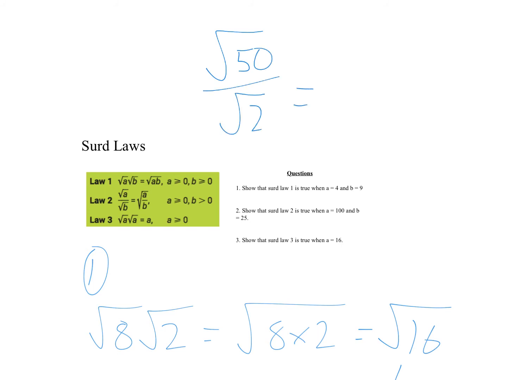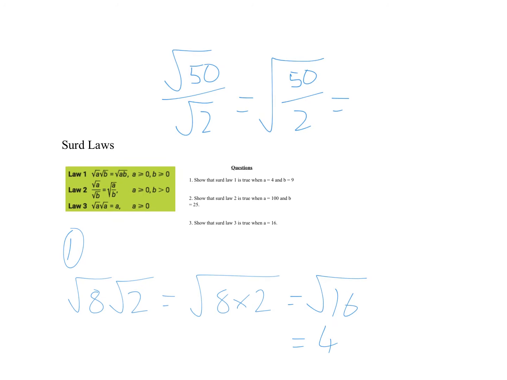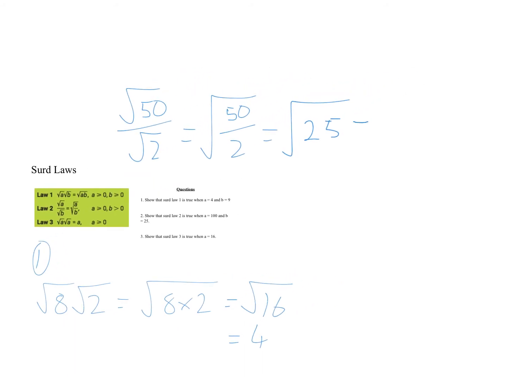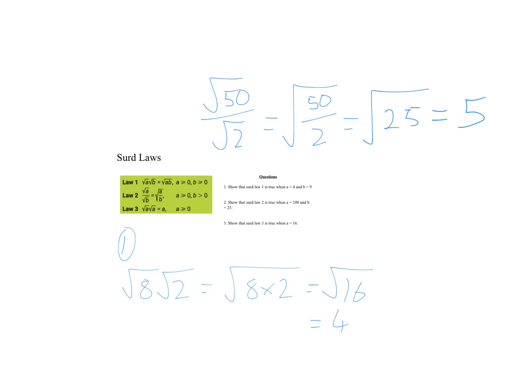If we're asked to simplify that, well, we could try using surd law 2. So we could put in square root of 50 over 2. 50 over 2 actually conveniently gives us 25, keeping that square root still. So the square root of 25 in this case would just give us 5. So there's an example of surd law 2.